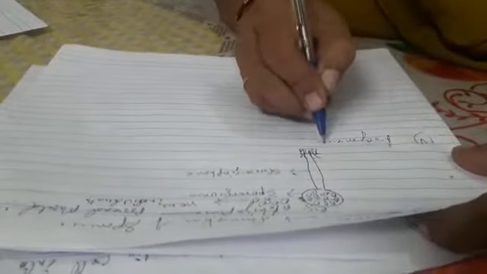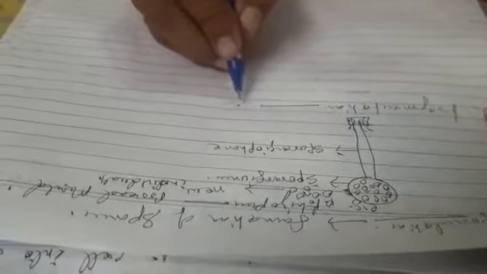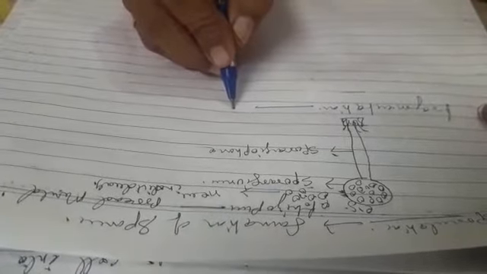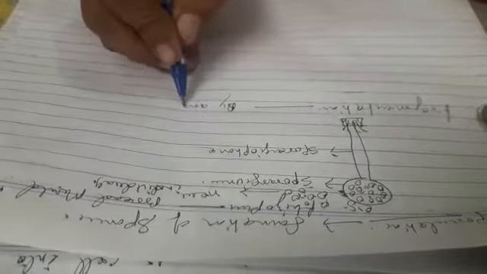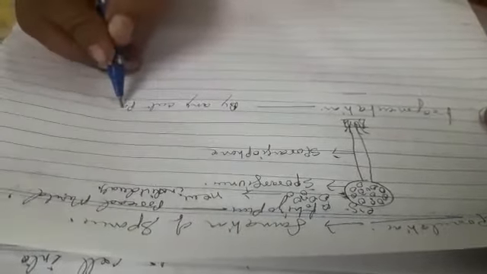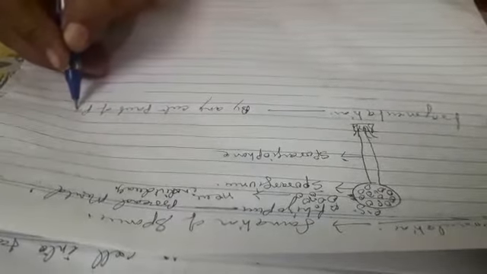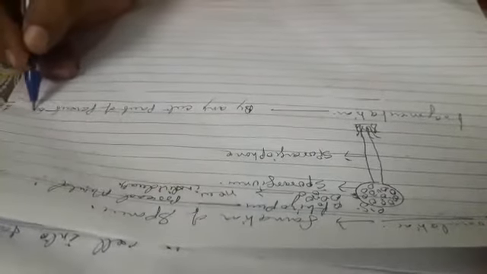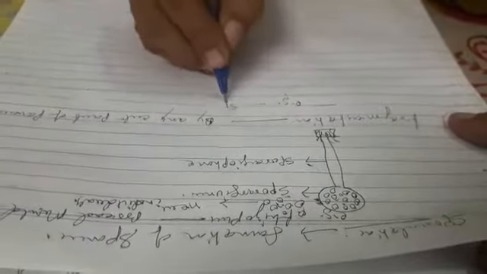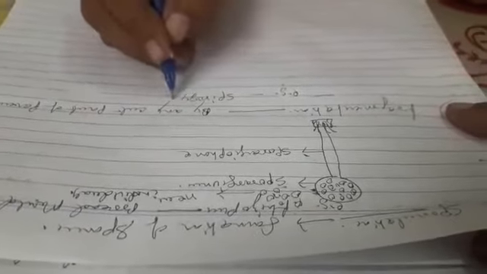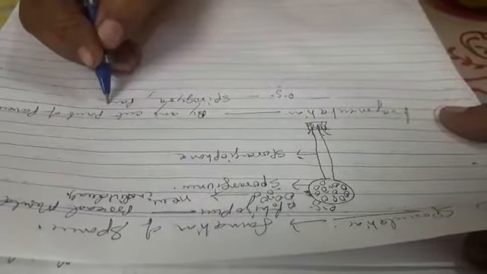Fourth, fragmentation. Any cut part of the parent body develops into a new one. Examples: Spirogyra, Paramecium.